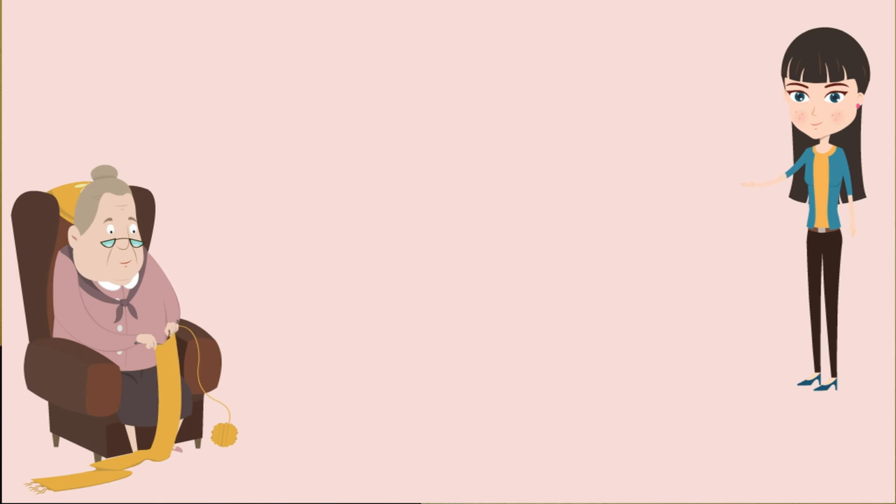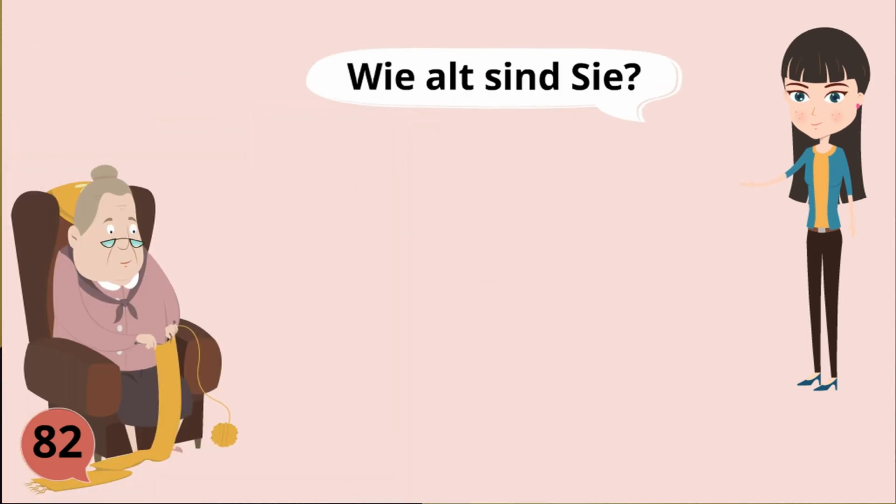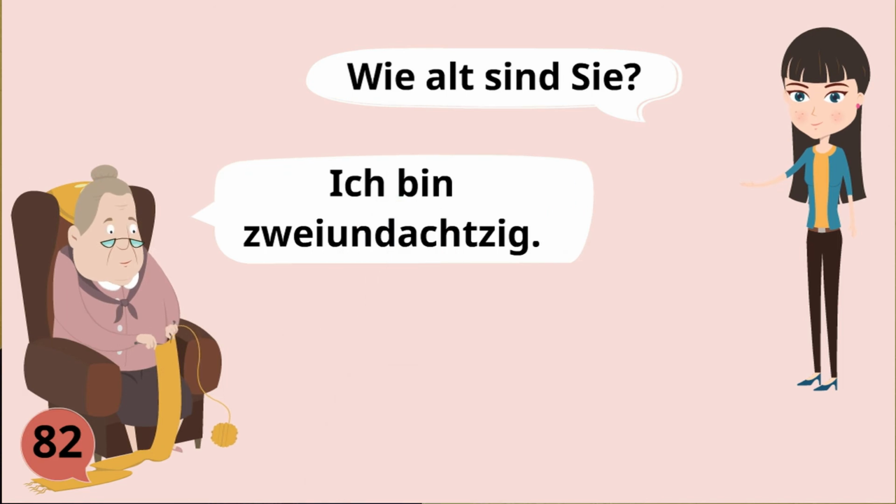Here we have an elderly lady and a young teenager. Now let those two ask each other about their age, starting with the teenager. Wie alt sind Sie? Ich bin 82.